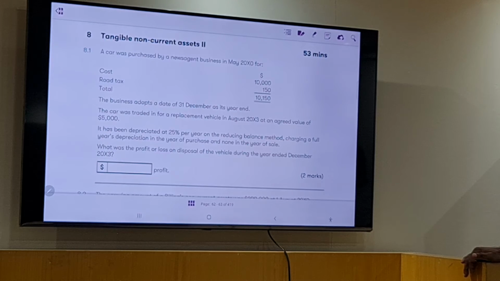Now this one. This road tax, will it add to cost? You need to decide, I will not tell you. From your normal general knowledge, road tax, will you add to the customer vehicle?